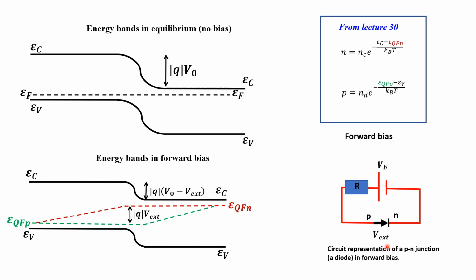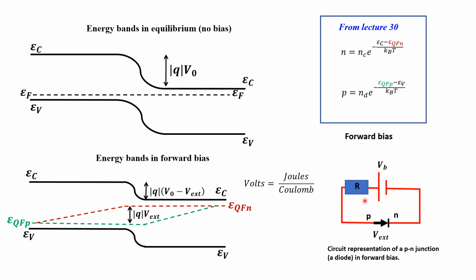So let's remind ourselves of what this number means. Now recall that volts are units of joules per coulomb. So that means that if we have a potential difference V external across the p-n junction, then the potential difference is given by this term, the potential in units of volts times the charge of an electron.